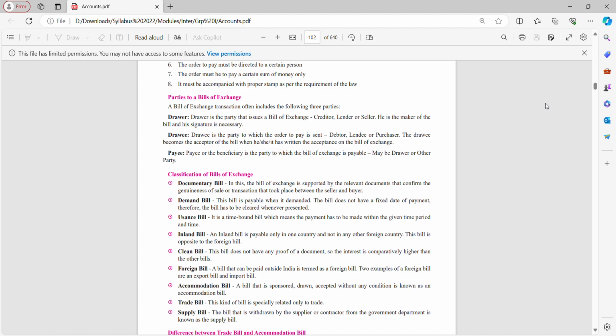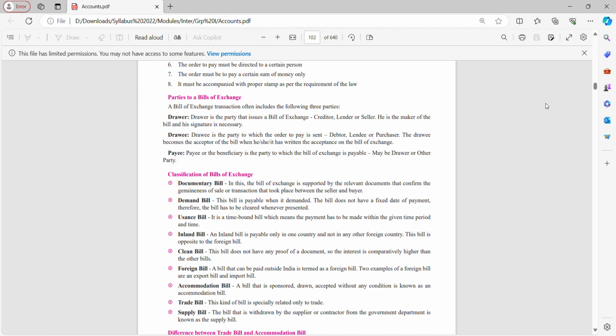So we have drawer, drawee and payee. Drawer means the shopkeeper, who is drawing that he is supposed to receive 1,000 rupees after a month. Drawee means a customer and payee means the beneficiary.